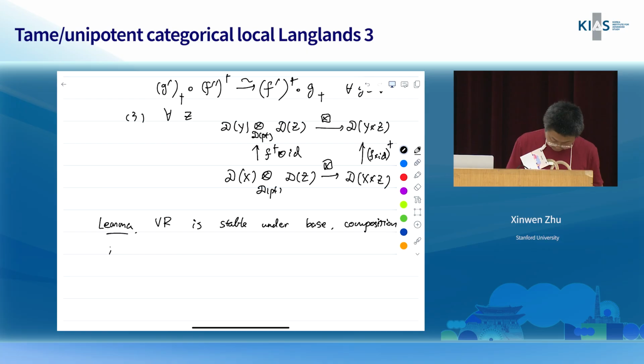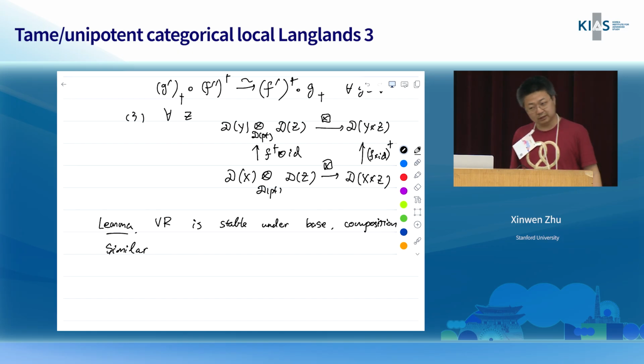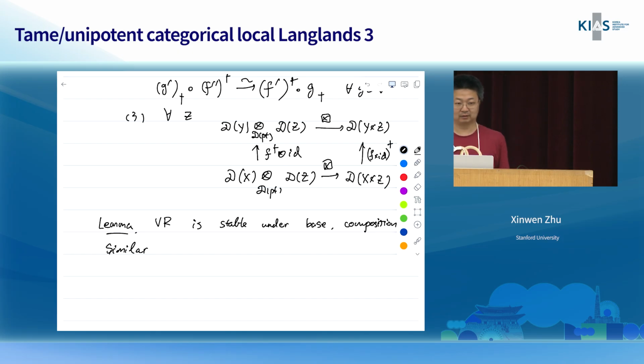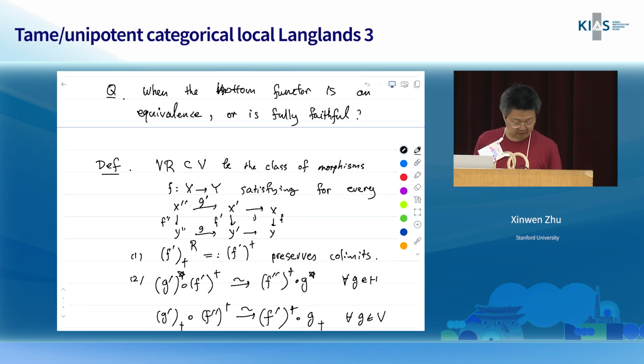Then similarly, we can define the analogous notion. It's a little bit like, for example, proper. For instance, this is certainly true if this right adjoint, F upper dagger, is just F upper star.